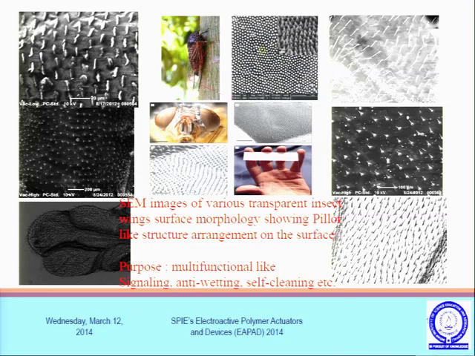This is the generic feature of a transparent insect wing surface. The arrangement of these microstructures manipulates the light according to your requirement. The SEM images of various transparent insect wing surface morphologies show pillar-like structures, or a hook sort of structure, on the wing surface. The purpose of these microstructures on the wing surface is multifunctional, like signaling, anti-wetting, and self-cleaning.